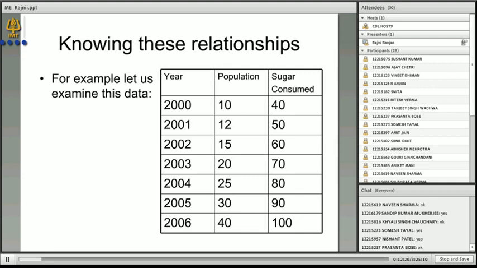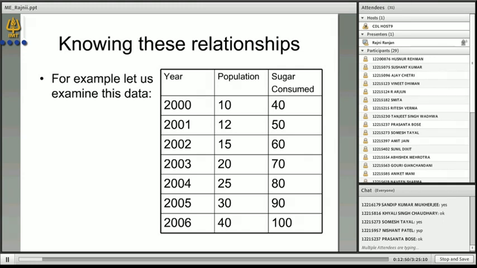All of you can have a look at this table. There are two variables that have been identified. One is population, another one is the sugar consumed. What do you think you can analyze as a relationship between these two variables in this given slide? This is my question to everybody.